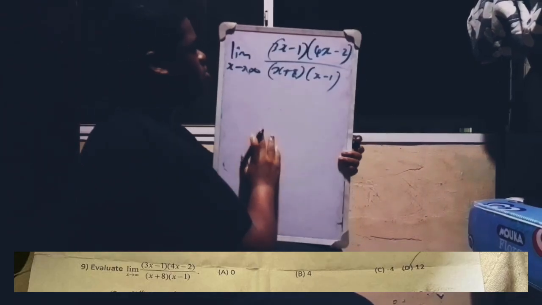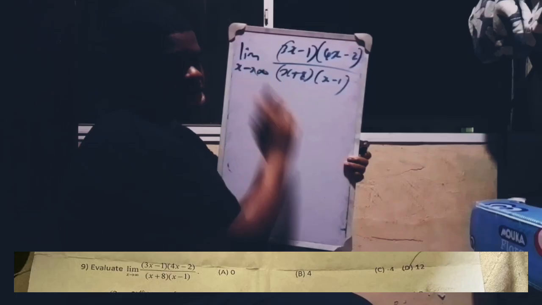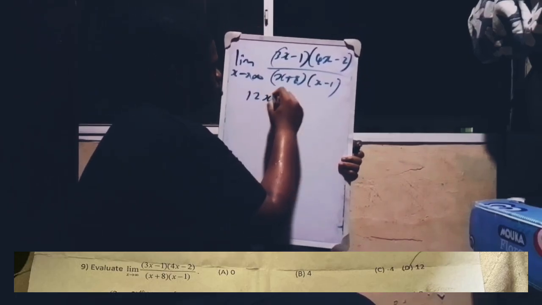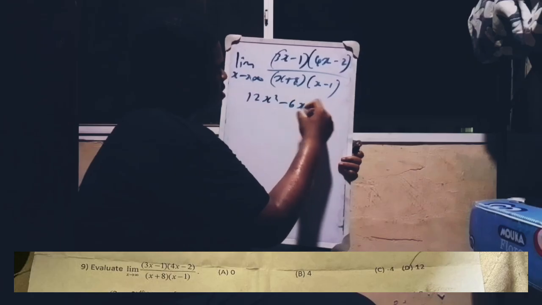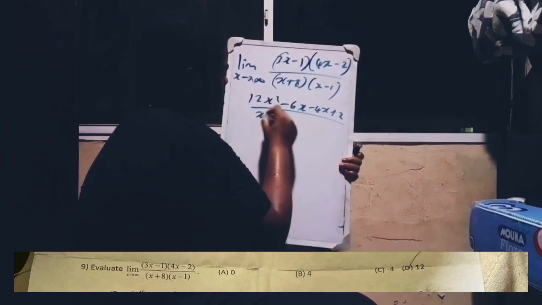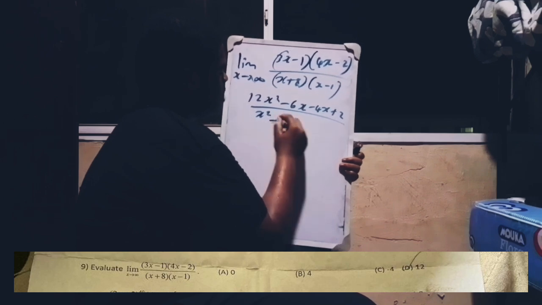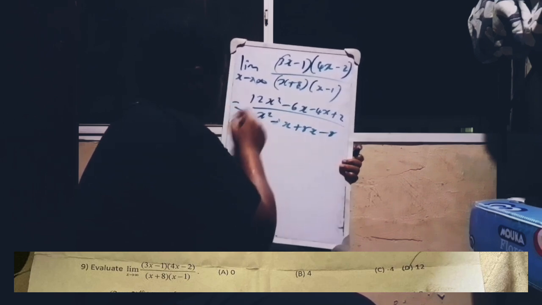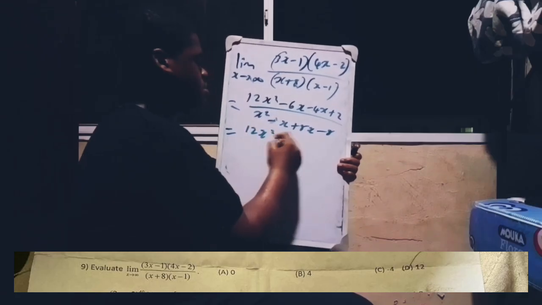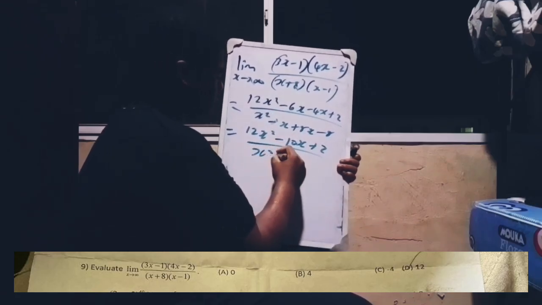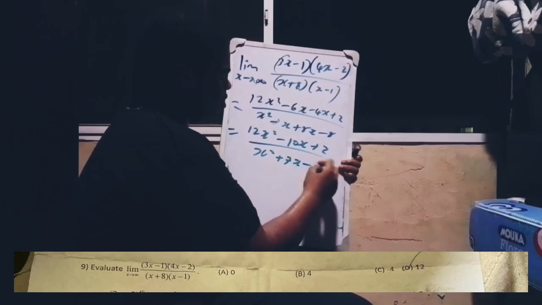To solve this the normal way, you first expand the numerator and the denominator. Expanding the numerator, you get 12x squared minus 6x minus 4x plus 2, divided by x squared minus x plus 8x minus 8. This equals 12x squared minus 10x plus 2 divided by x squared plus 7x minus 8.